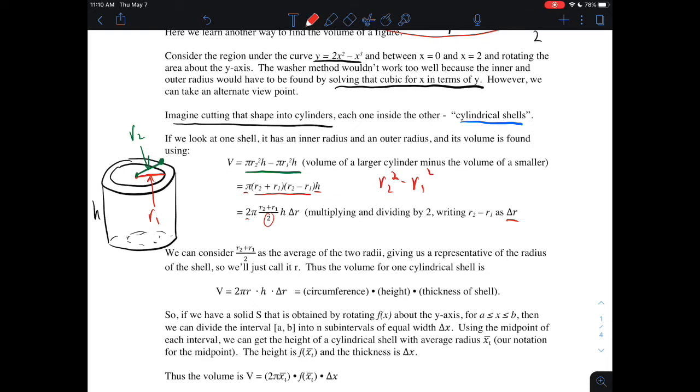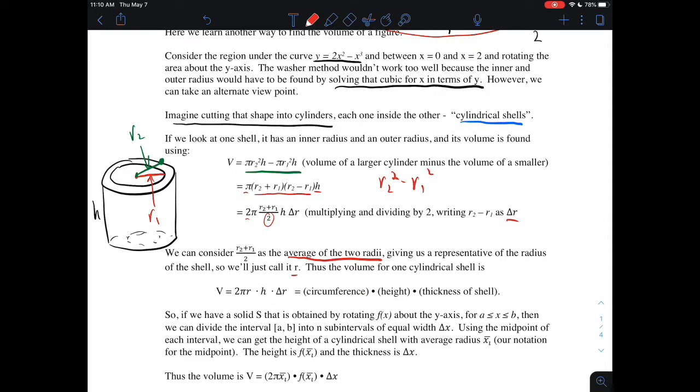And then finally, the fraction that's there, r2 plus r1 divided by 2, that is really just the average of the two radii. So I can just write that as a representative radius. How about we just call that r? R is representing the average of those two radii.